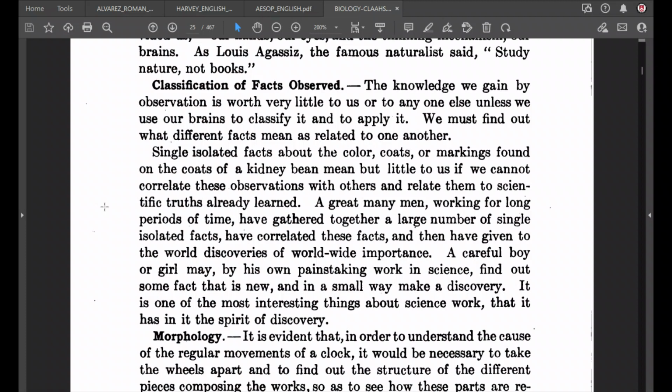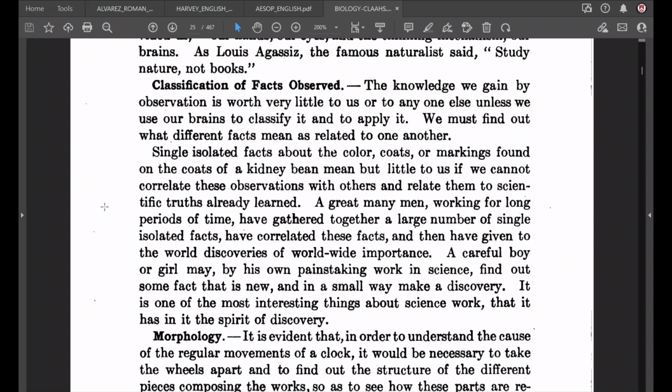And that's important because, as we saw in our math studies, science is knowledge properly classified. Not just lists or piles of information, but classified, organized, systematic knowledge. Let's just read through this section.